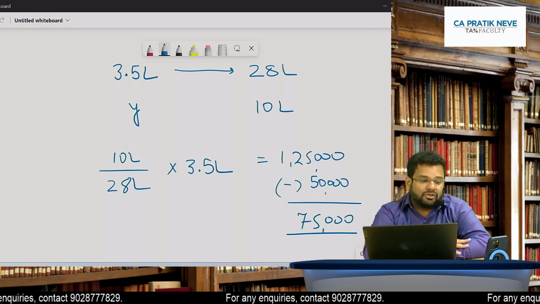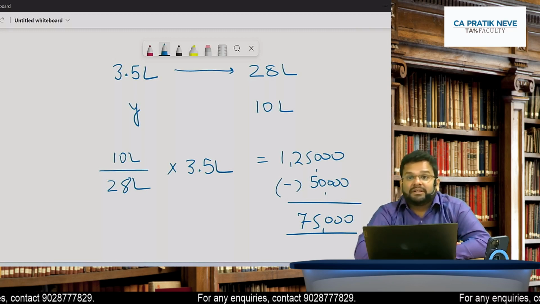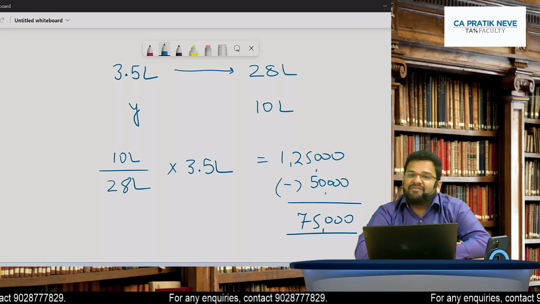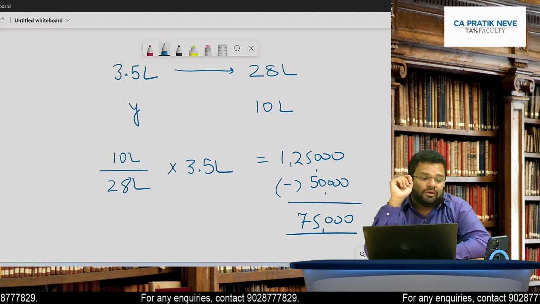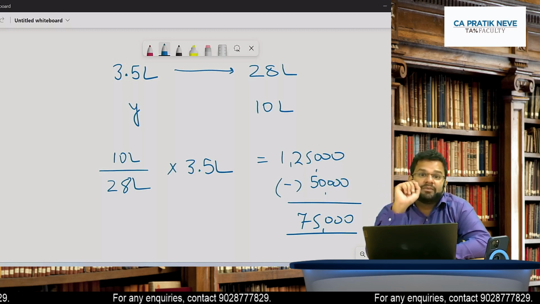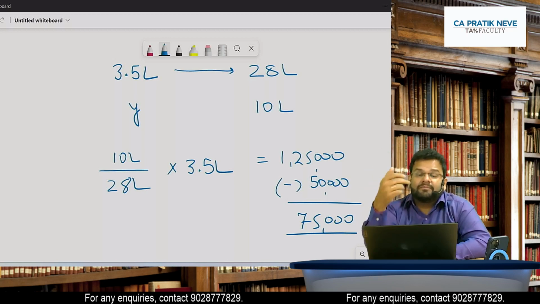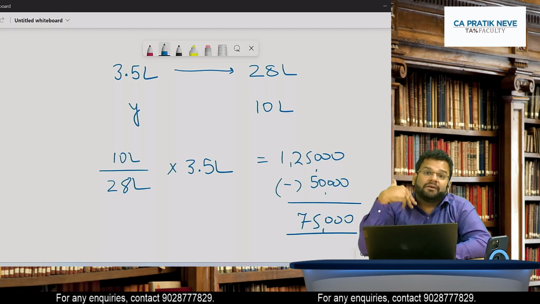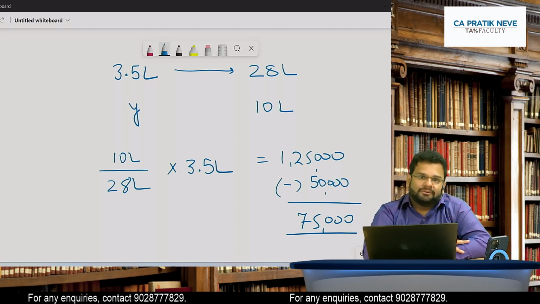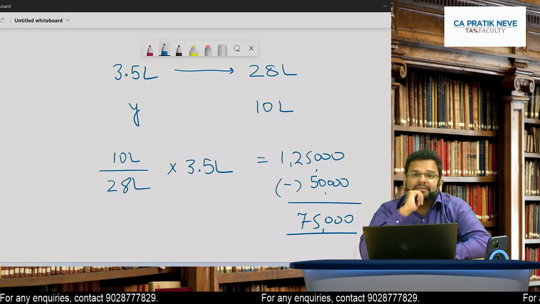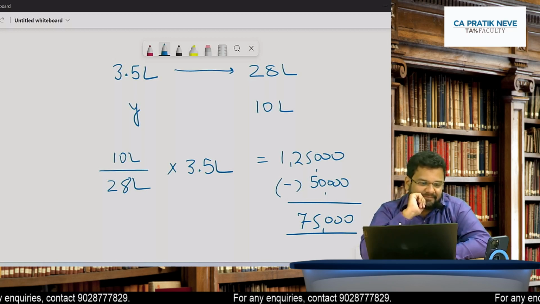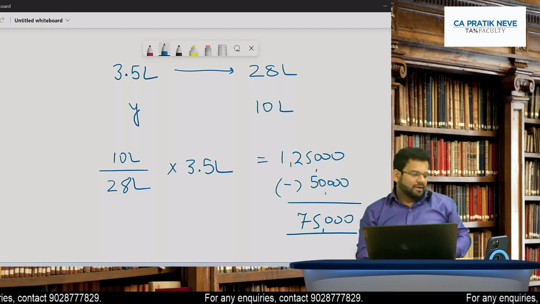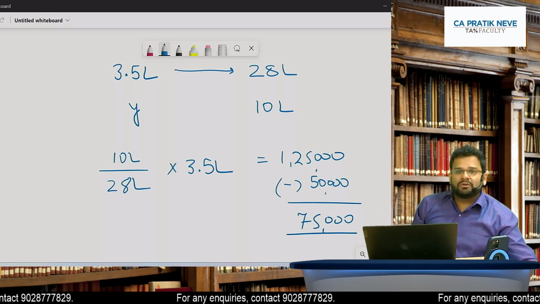Check the definition of zero rated supply. I have always been telling you zero rated supply means the one which is exported or supplied to a unit in special economic zone. Agreed, Swati? Yes, very good. But it was obvious to get this doubt.